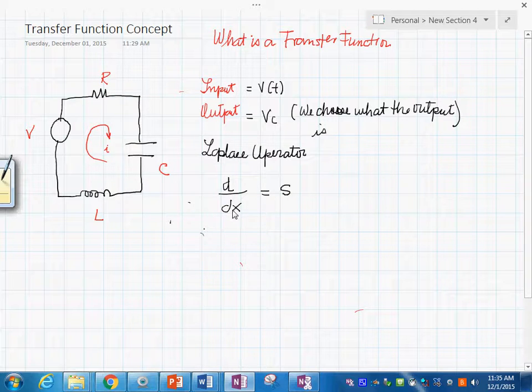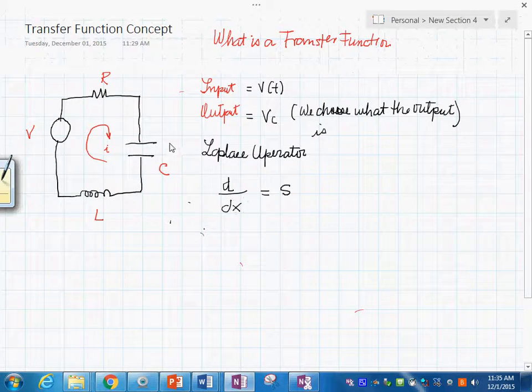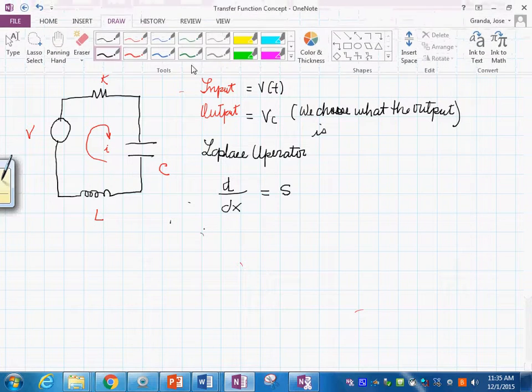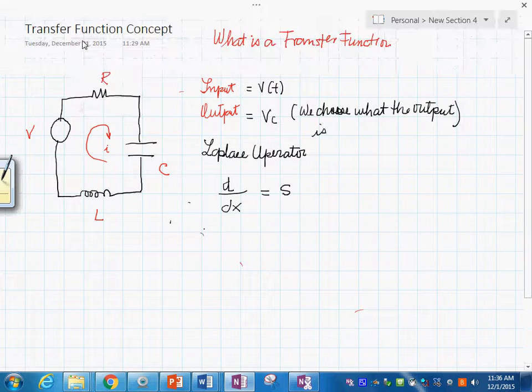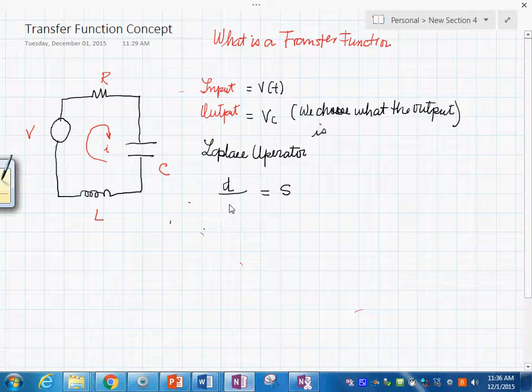It could be d dx, or this could be d dt. Let's put the letter t in here. So d dt is s.